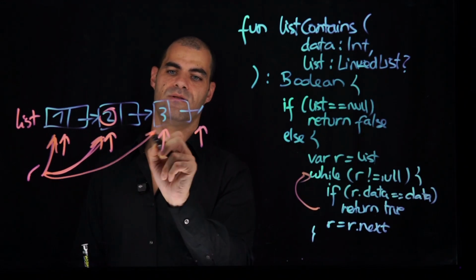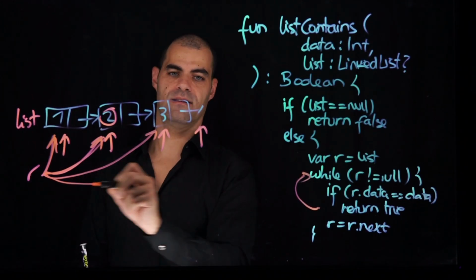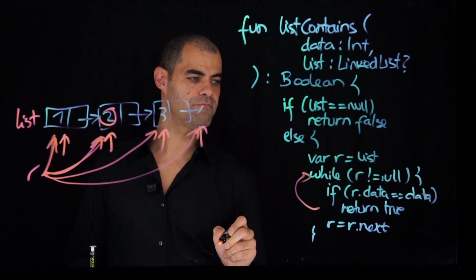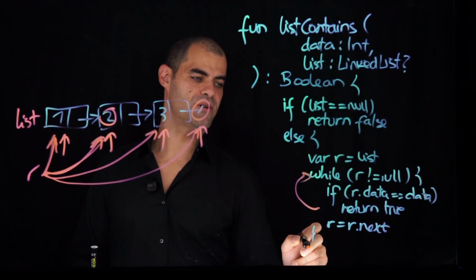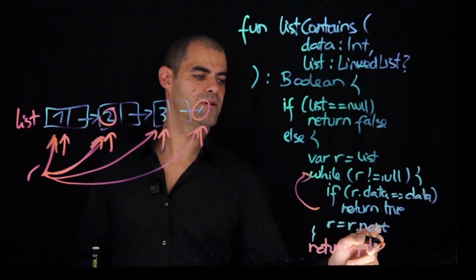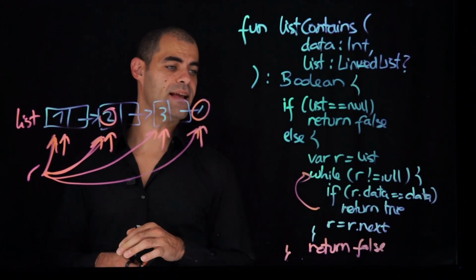It doesn't, so it moves again, and it's not, so it moves again. So now we are here. R is different than null? No, it's actually null, so here we return false. So that's it for our contains.